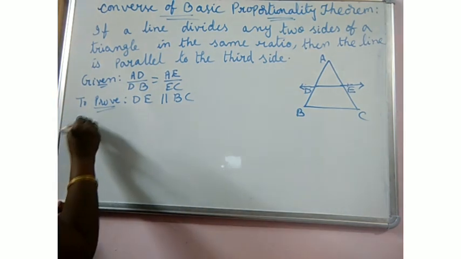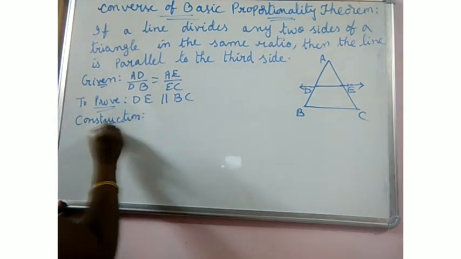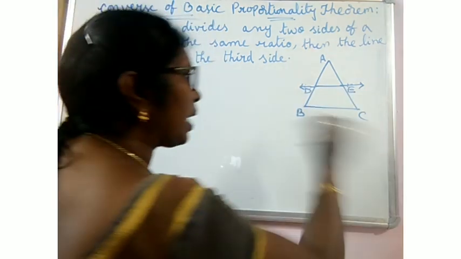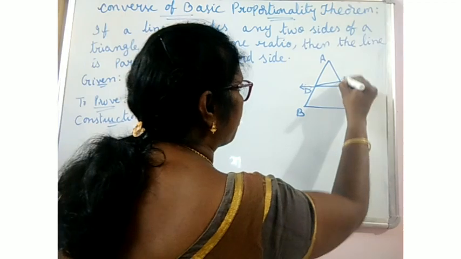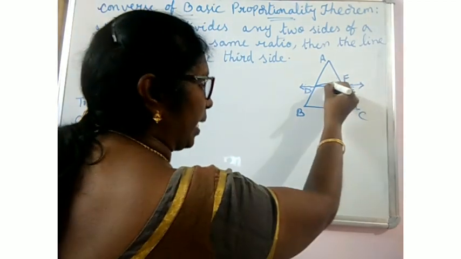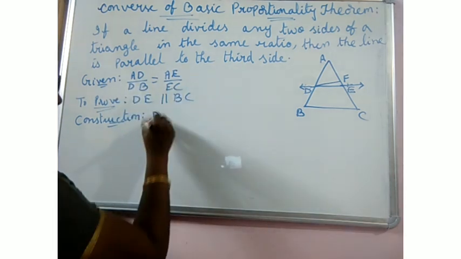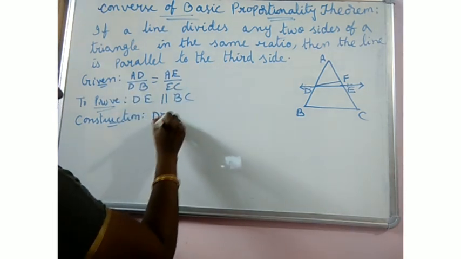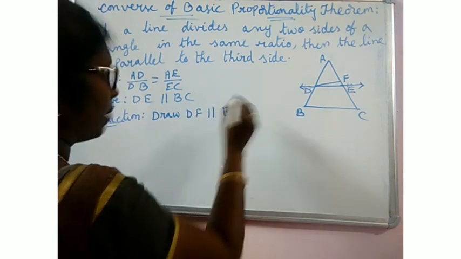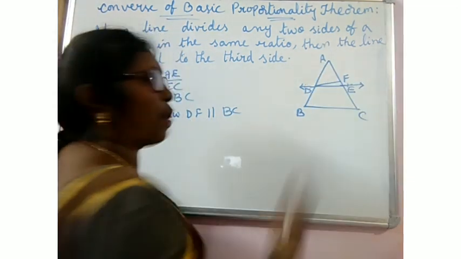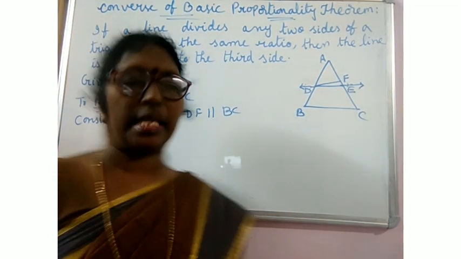In this case, a construction step is required. Let us think that DE is not parallel to BC. If DE is not parallel to BC, draw DF parallel to BC. Take a point F on AC such that DF is parallel to BC.